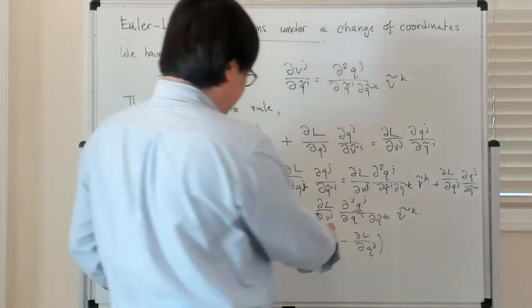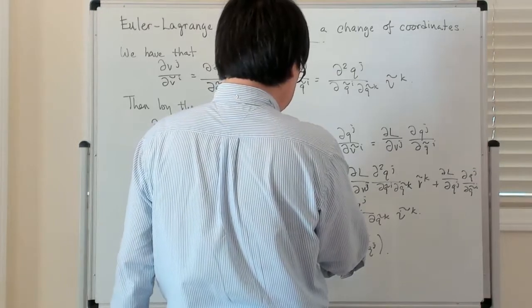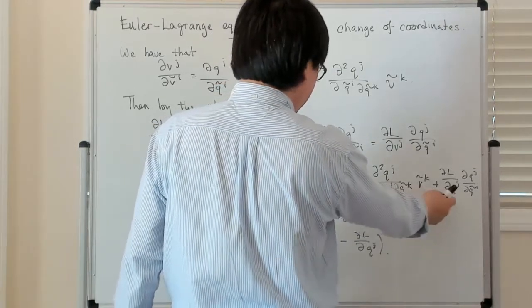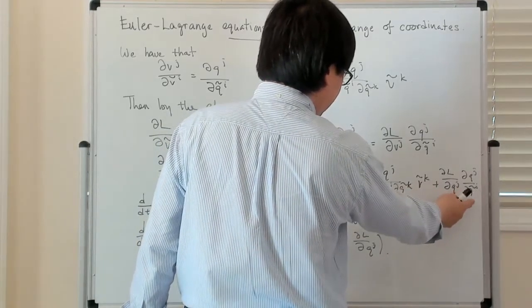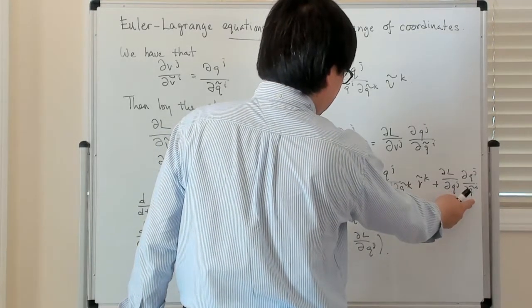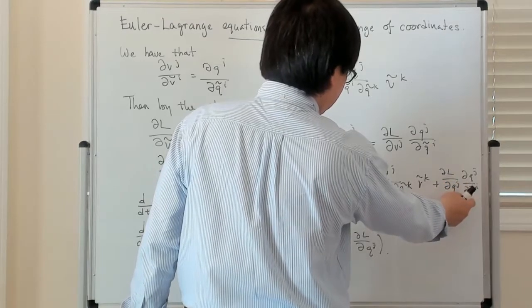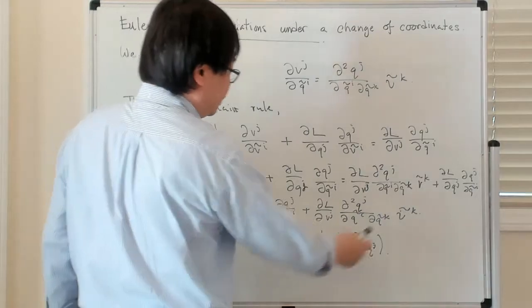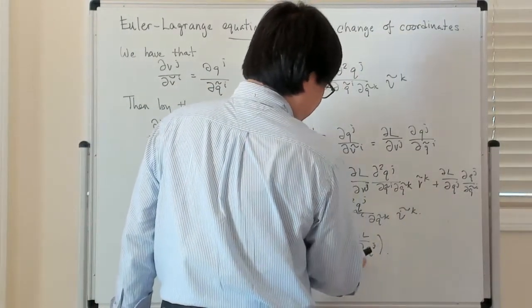This term cancels out with this term here, so that disappears, and then you're left with this term, and again the ∂q_j/∂q̃_i term gets pulled out, and then you're left with a ∂L/∂q_j term, which shows up here.